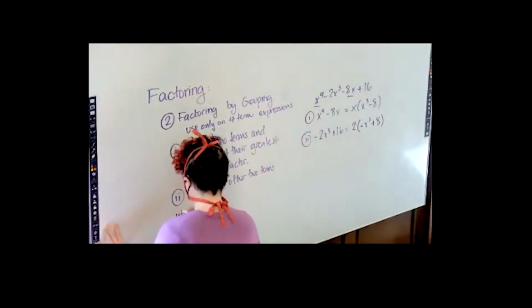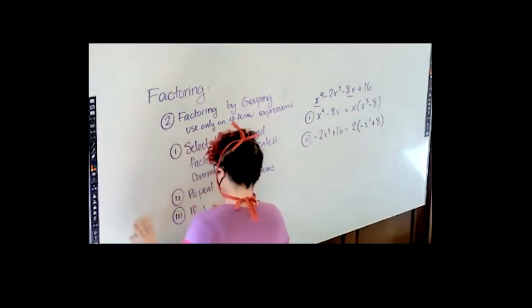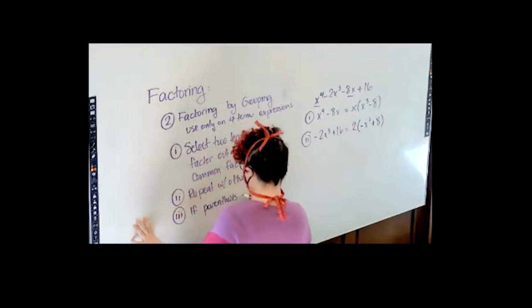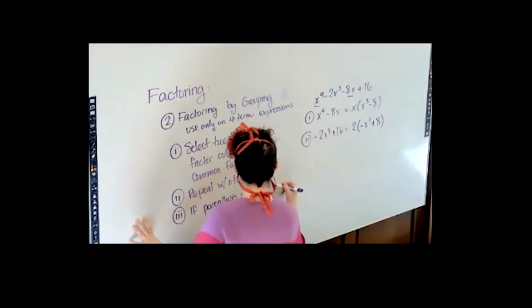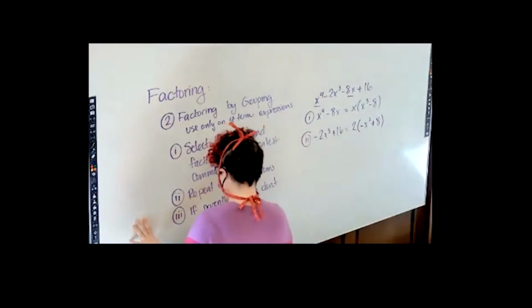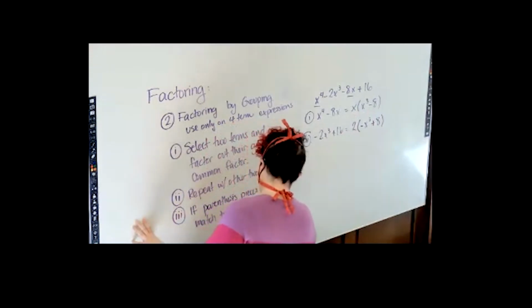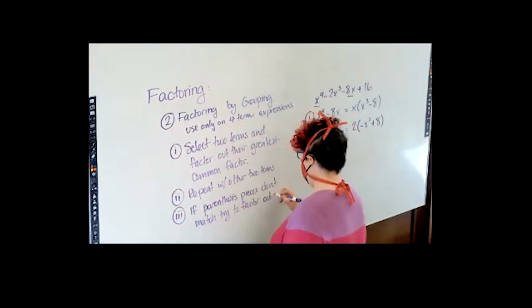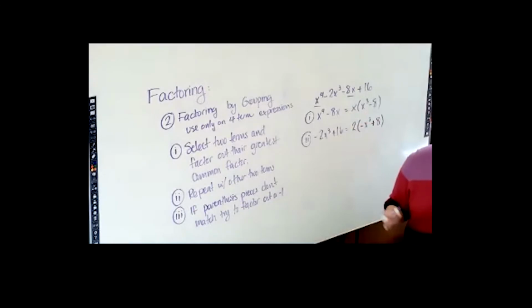Step 3. If pieces don't match, try to factor out a negative 1. So if they don't match at all, then it might not be factorable.